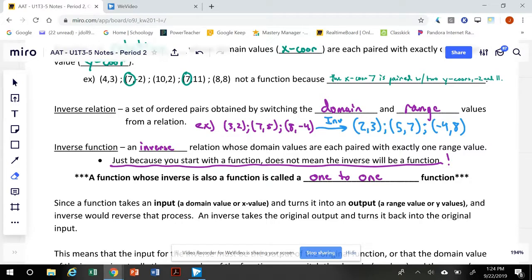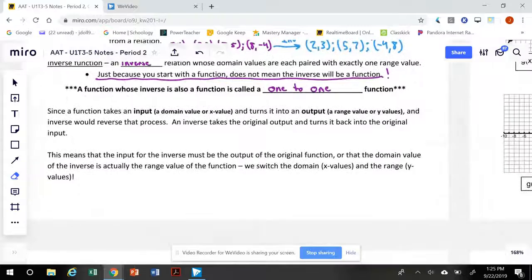If you've seen the movie American Sniper, that's like it. A one-to-one function is what we call that, where it's a function, and when you take the inverse, it still is also a function. Now, what we are essentially doing, since a function takes an input value and turns it into an output value, is that when we reverse that process, we're just flipping it around.